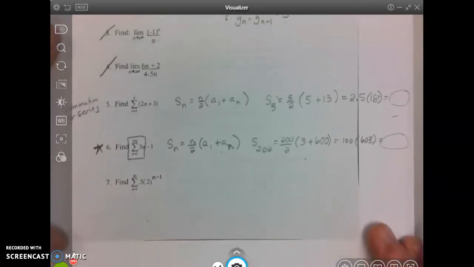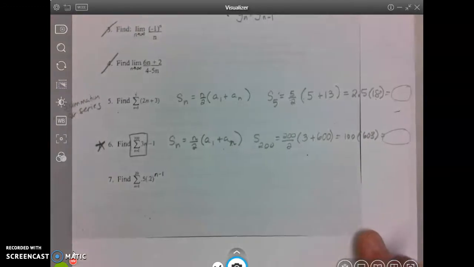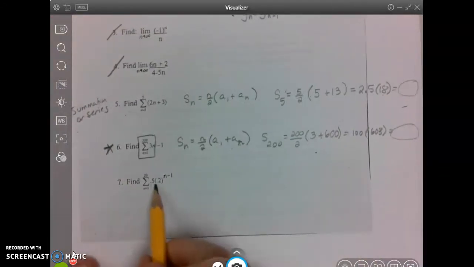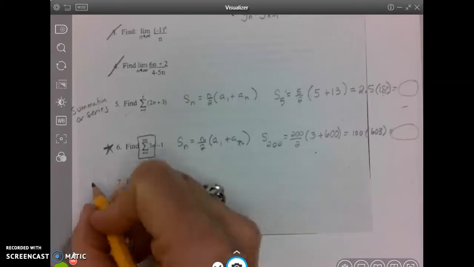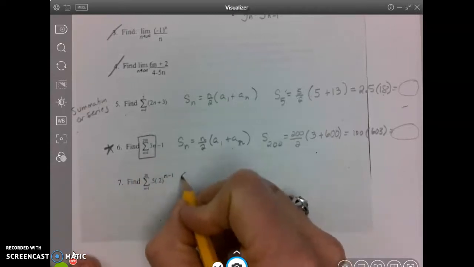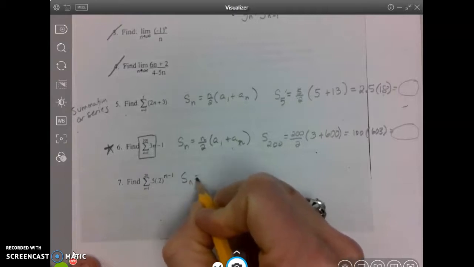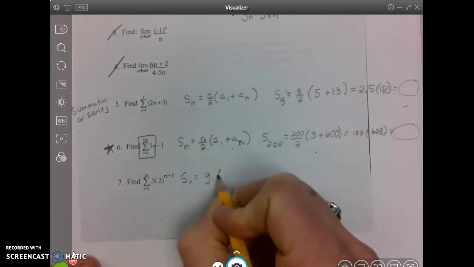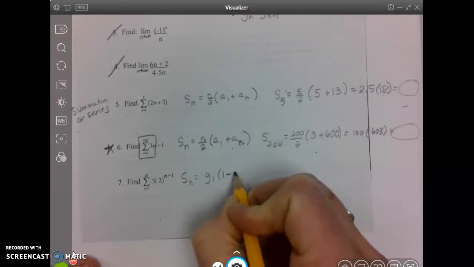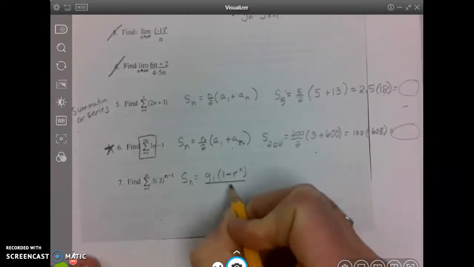Let's move on to number 7. I see that it's an exponential equation, so I'm going to use a geometric sum. So S sub n equals, this is where I use g sub 1 times 1 minus r to the n, all divided by 1 minus r.